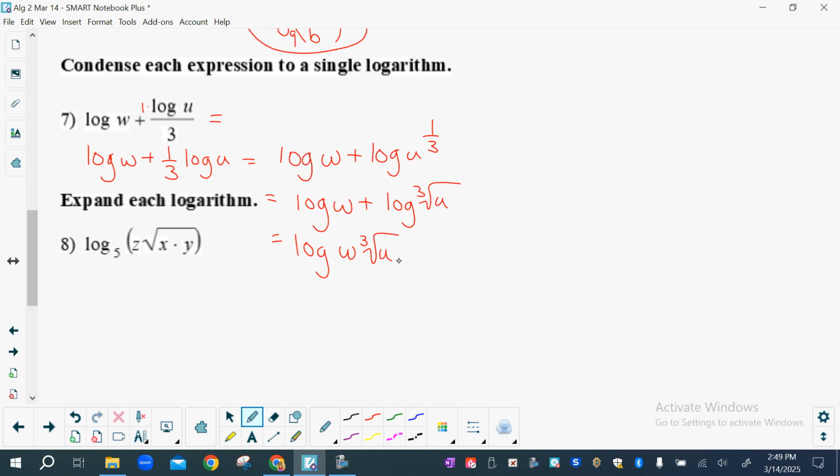Does that make sense? Good. So let me backtrack a second. What's the base assumed to be? 10. So this is a base of 10. Could we write the 10 there if we wanted to? Sure. Yes, Cohen?